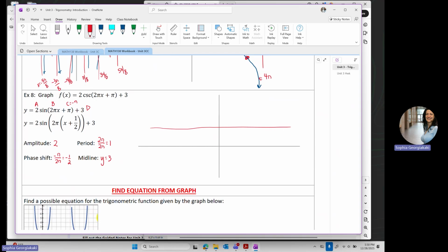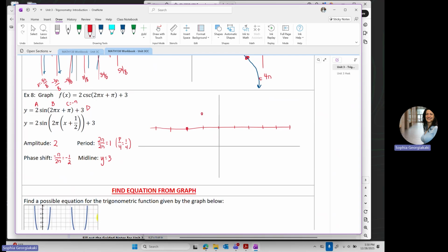We have a phase shift of negative 1/2. Quarters of a period are 1/4. So let's put negative 1/2 here, negative 1/4, 0, 1/4 and 1/2. And then let's do some more quarters. This will be the quarters of the period. So this is a sine function. It's going to start here.